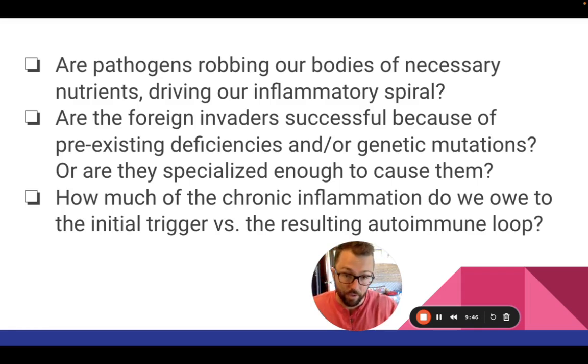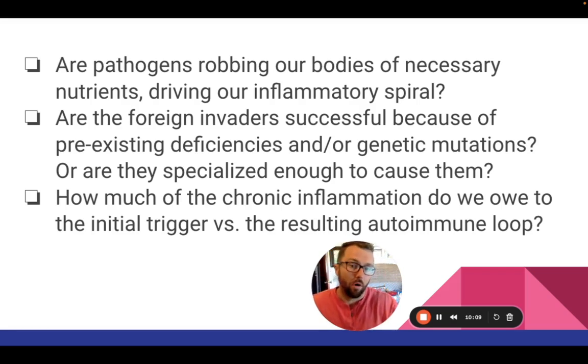Are the pathogens robbing our bodies of the nutrients? They are pathogenic. They are taking things away from us, making us sick. Is this what's driving our inflammatory spiral? Are they robbing nutrients? Are they disabling bodily mechanisms?